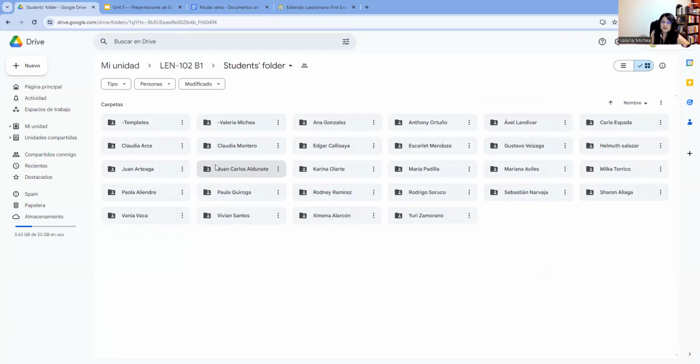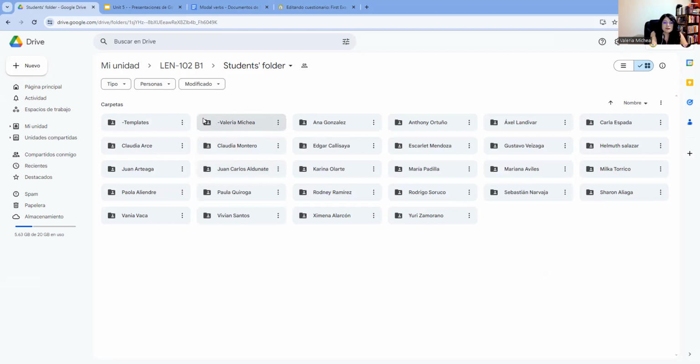For me, it is very easy to work on Drive because when I need to give you comments or review or make corrections, I know where to find it. It's more difficult when you send me things on WhatsApp or email because I need to download them, then send them back. On Drive, everything is saved automatically. You don't need to send me anything. And that's how we're going to do it.